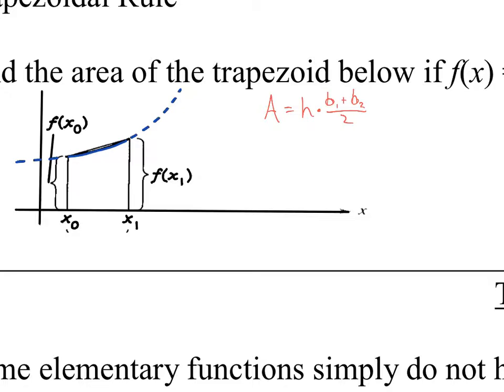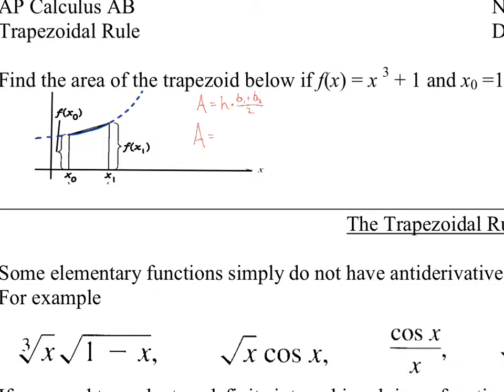All right, so in this example here, notice what we end up having. The two bases are going to be f of x sub 0 and f of x sub 1. Those are measuring straight up, so they're going to be parallel to each other. So in this case, the area of the trapezoid is going to be f of x sub 0 plus f of x sub 1 over 2.